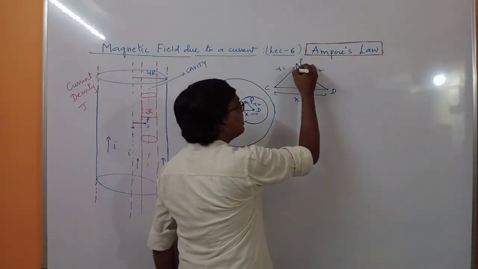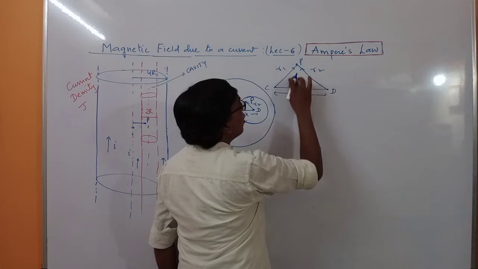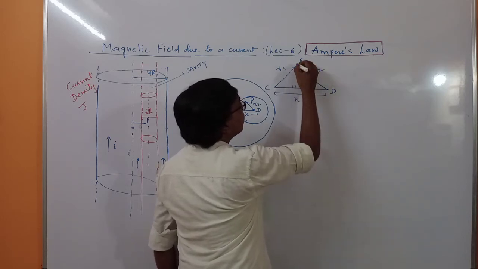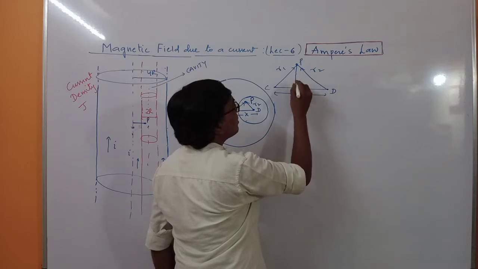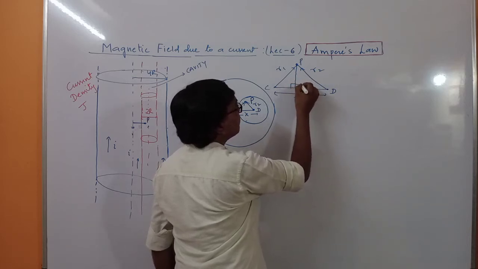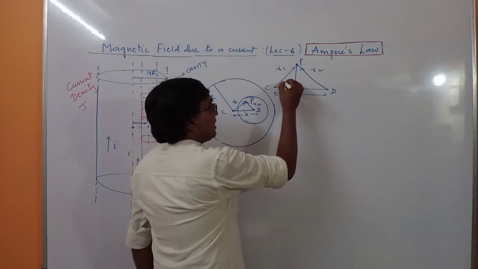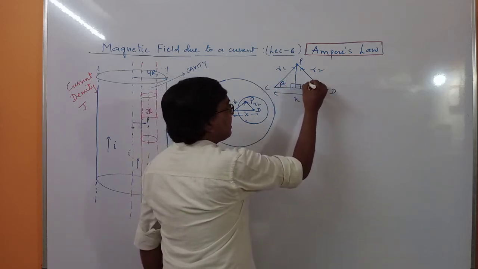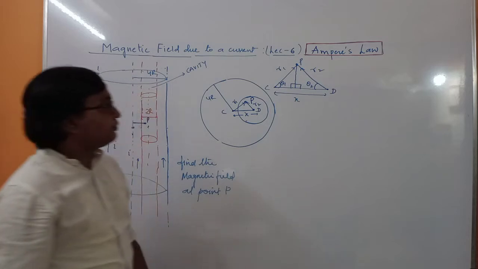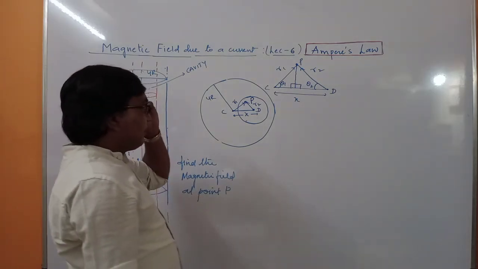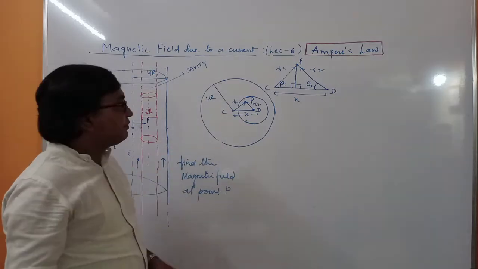Let us drop a perpendicular on CD. Let us assume this angle to be theta 1, and this angle to be theta 2. Fine. So now we will find the magnetic field due to each part.